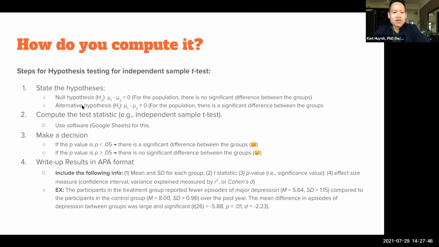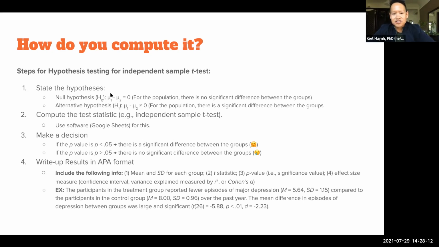You have to state the null hypothesis and the alternative hypothesis. Again, the null hypothesis is H0, H sub 0, where H stands for hypothesis and null means 0. Mu1 minus mu2 equals 0. Remember, mu is the mean of the population.